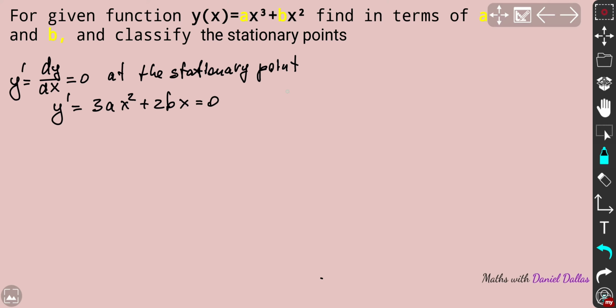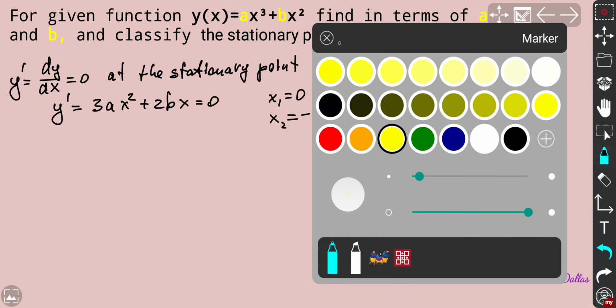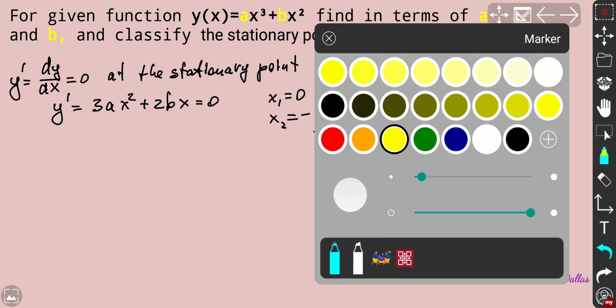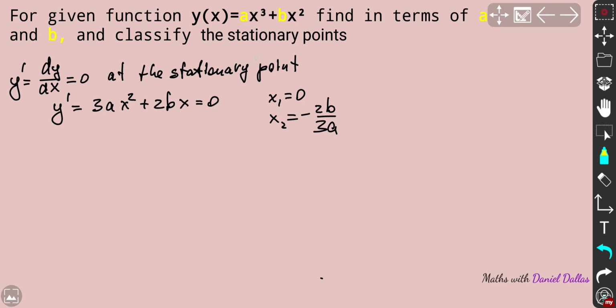If we factorize, we'll get x1 equals 0. That's the first stationary point. And if we express x2, that's going to be negative 2b over 3a. So in total, we've got 2 stationary points, x1 and x2. Right now, we can plug those points into y.